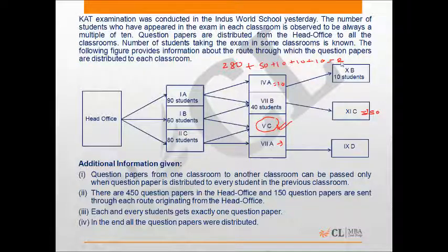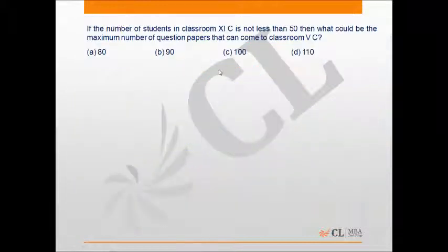This is 360, and the total number of students across the given 10 classes is 450. Therefore, the maximum number of students in class 5th C is 450 minus 360, which is 90. Therefore, option B is the correct answer.